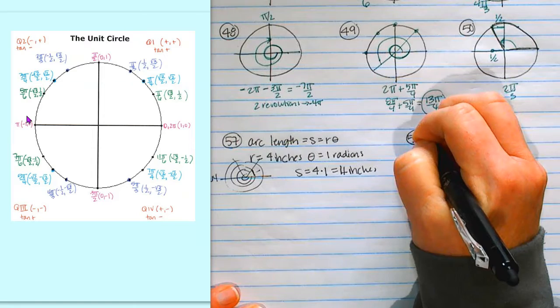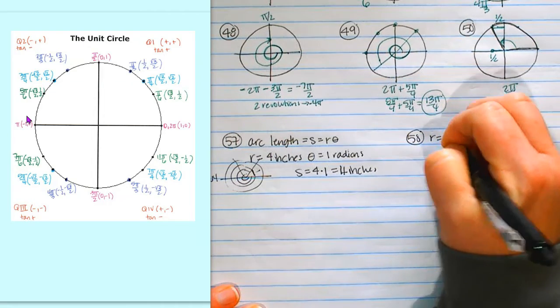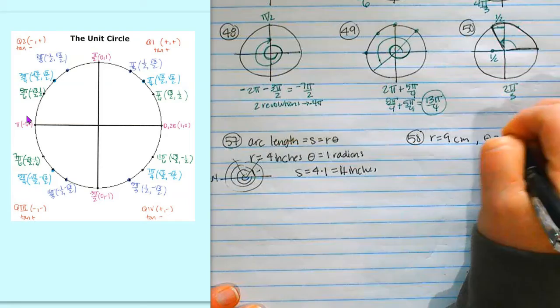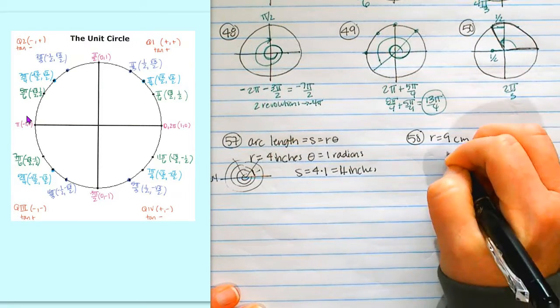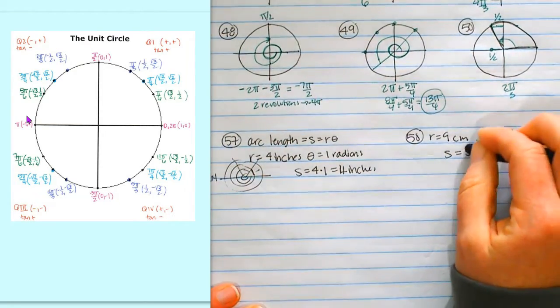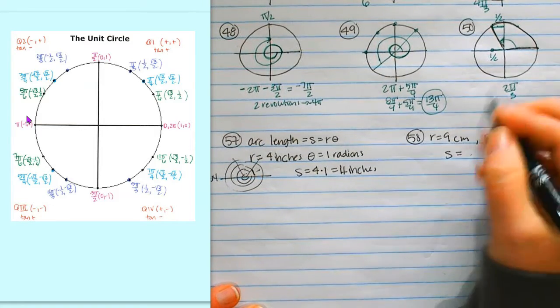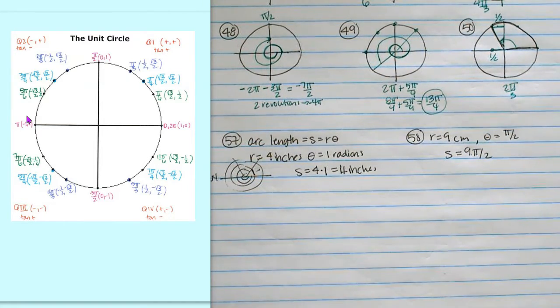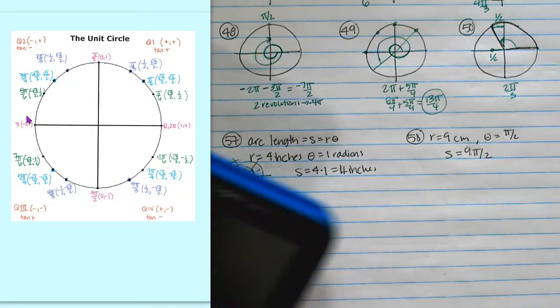For 58, the given information is the radius equals 9 centimeters. The angle is pi over 2. And so they asked us to say S equals 9 times pi over 2, or 9 pi over 2. And then they want us to give it in hundredths.